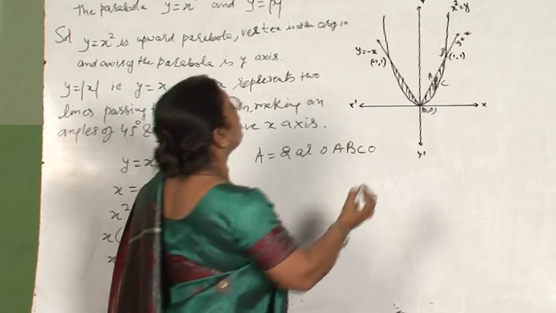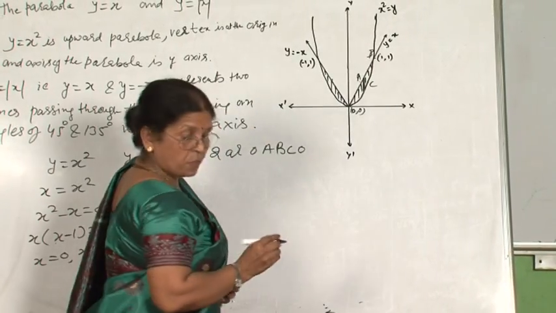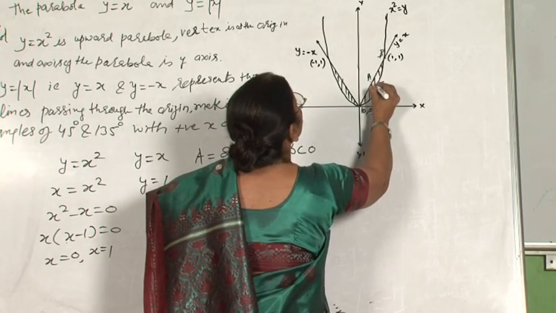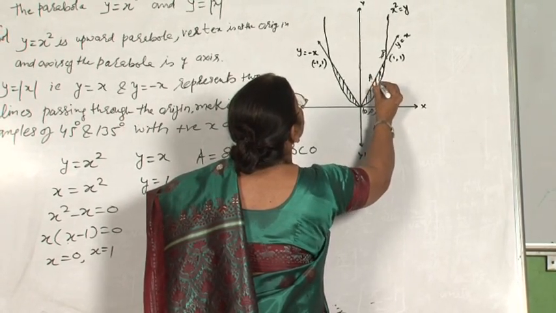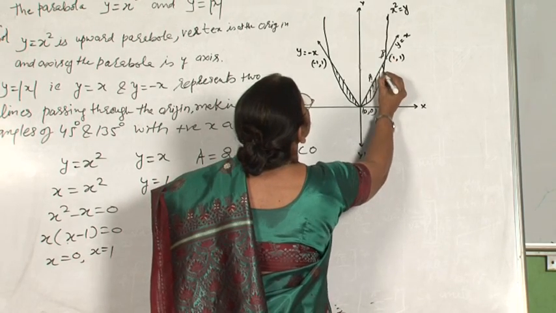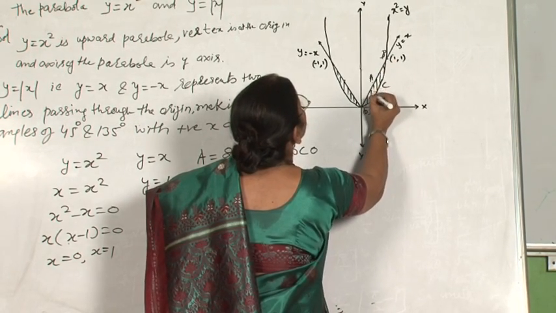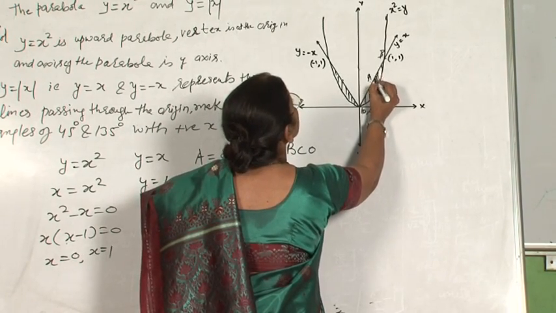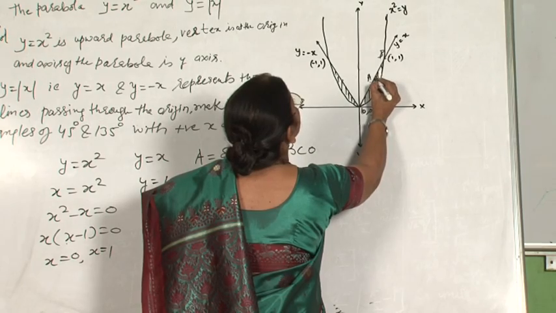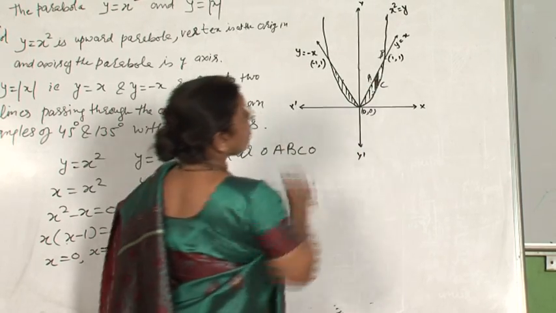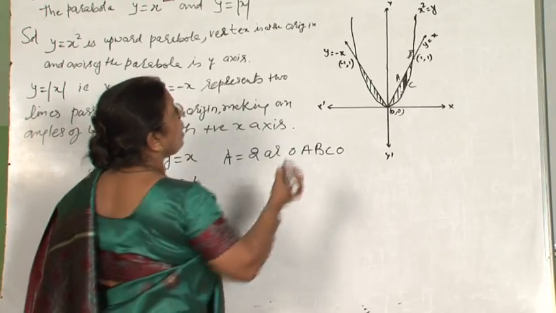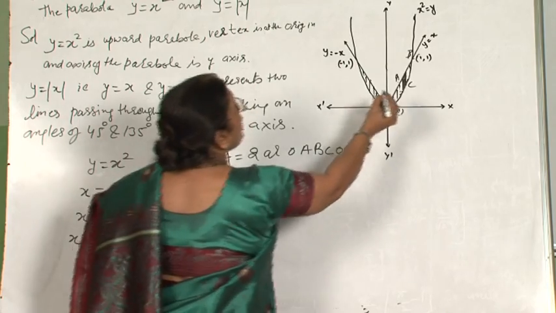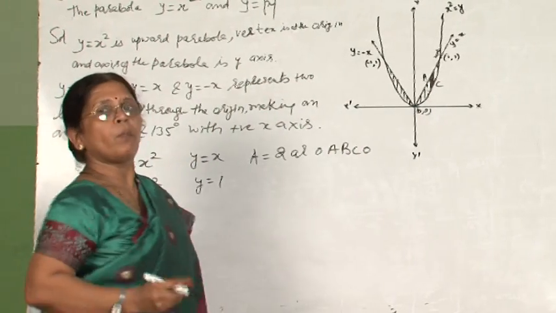Now, draw a strip which is parallel to the y axis. And what is the length of this strip? This time the upper end of the strip lies on the line and the lower end on the parabola.